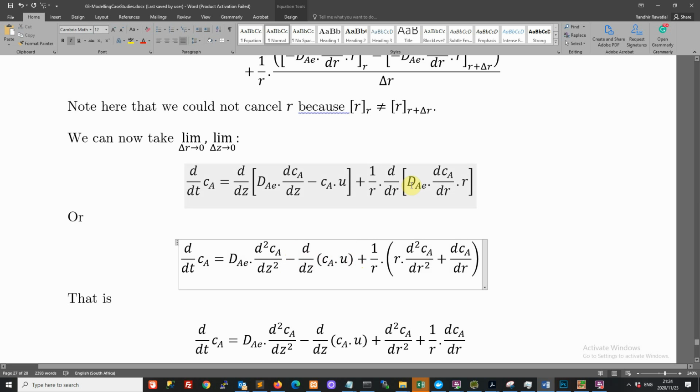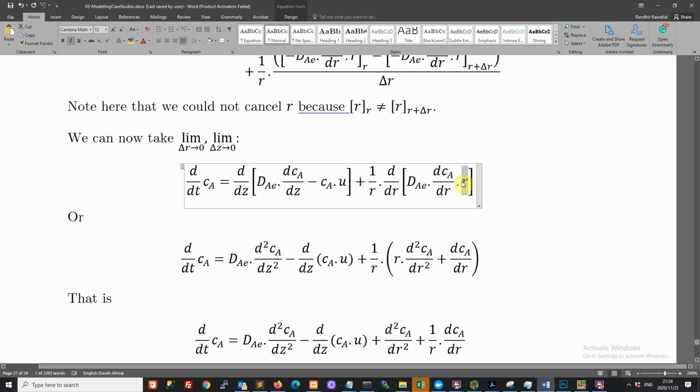So that's there. And then we can see two functions in r on the inside here. So this is a function in r, and then r is kind of a trivial function in r also. So it's a product of two functions in r. So if you take d/dr, you can expand this.